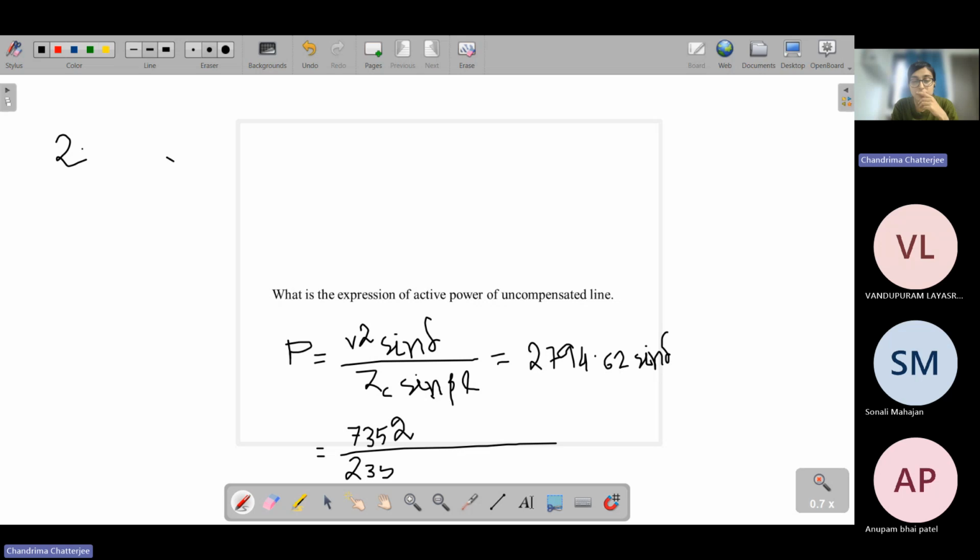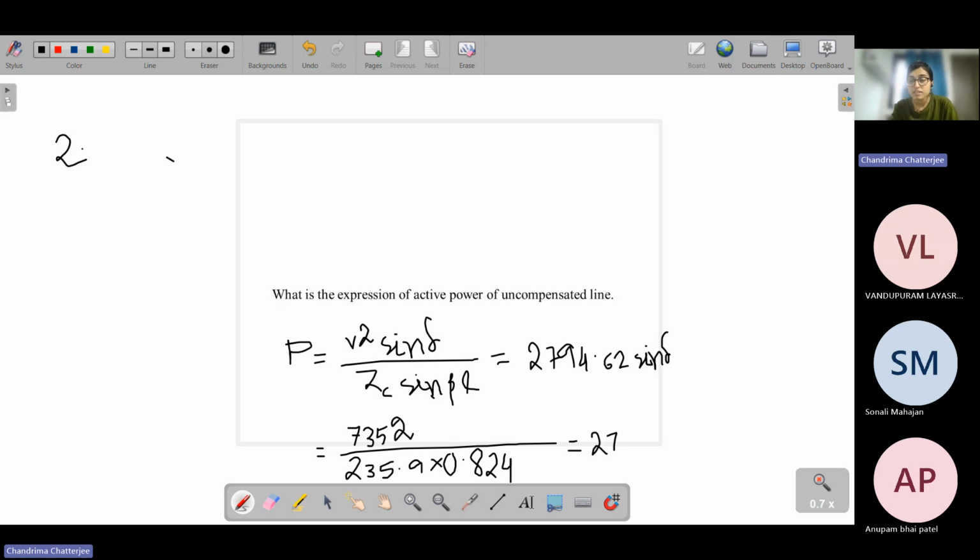So I also got the same figure. So the only remaining thing is sine beta L. The beta value I got was 55.568, so sine beta L was 0.824. So 735 square divided by 235.9 times 0.824, it should come 2776.